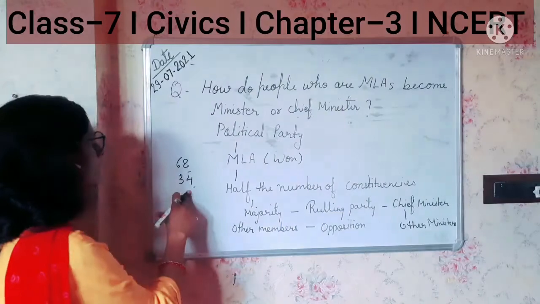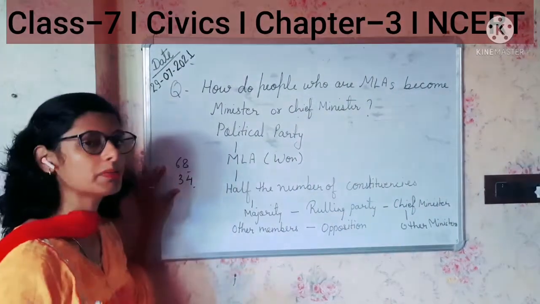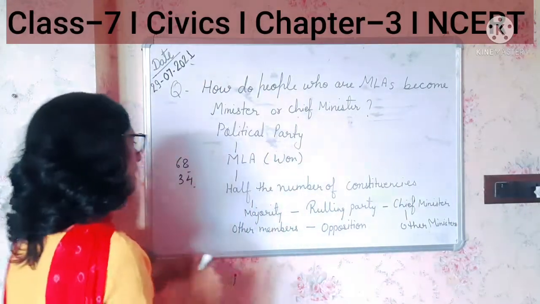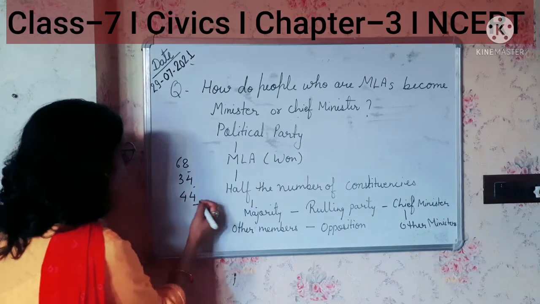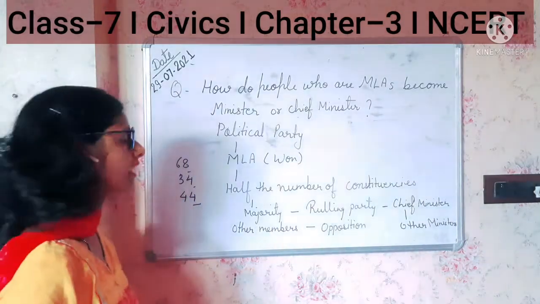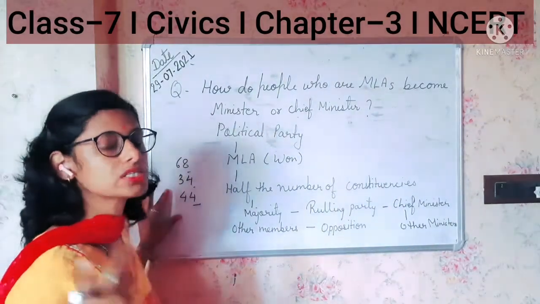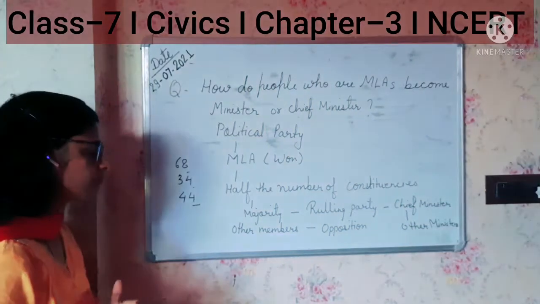Means if a party comes with 34 seats, the party will be in majority, so the party can make the government. But the Bharatiya Janata Party's candidates took 44 seats, and the Bharatiya Janata Party was in majority and made their government in Himachal Pradesh.